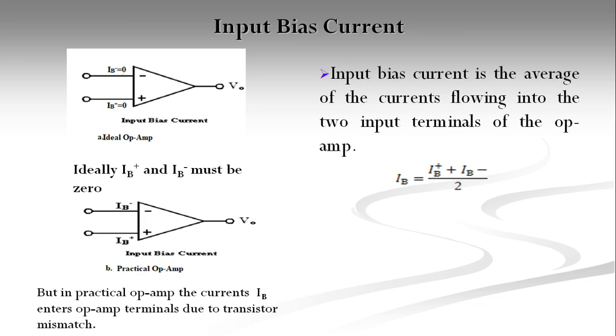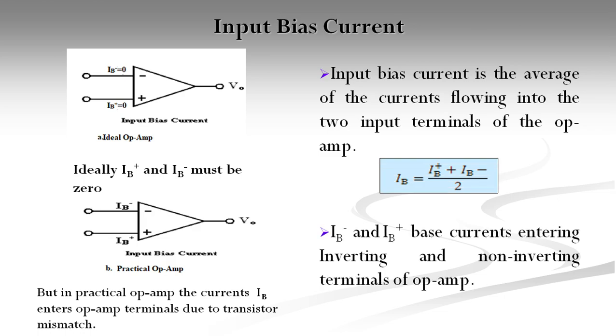Okay, next we'll see what we call IB1 and IB2. These IB1 and IB2 are called base currents that are entering into the inverting, that is the negative terminal, or the non-inverting positive terminal of the op-amp. The average of these two base currents we normally call the input bias current.